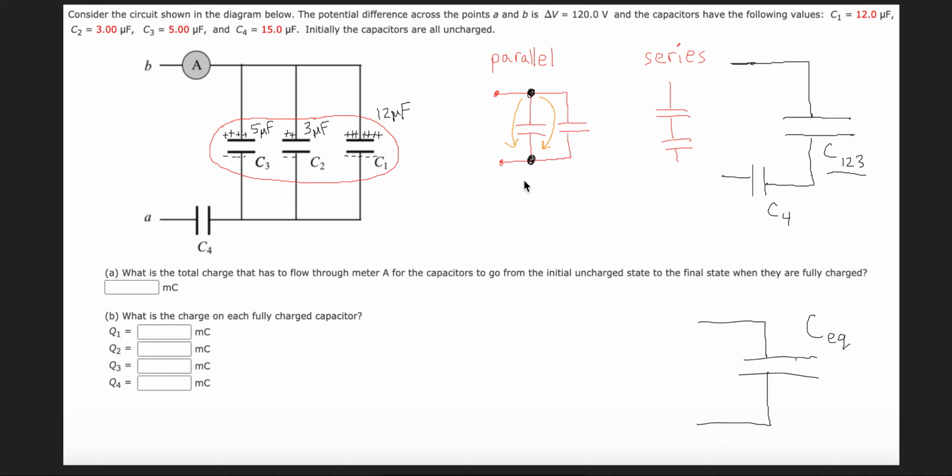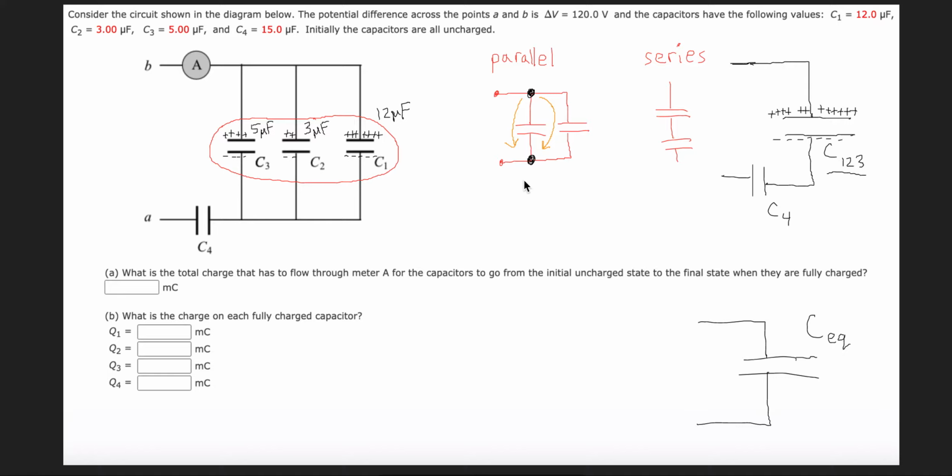It's almost like it doesn't even matter that they're separate entities, right? Because if you take the charge that's on C3 and put that on here, 4 pluses I put, and then 2 pluses from the 3 microfarad can go here, and then the rest of them can go here. So it becomes a huge capacitor with a large capacitance.